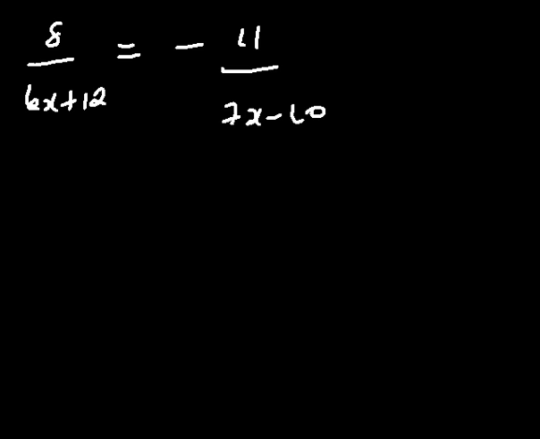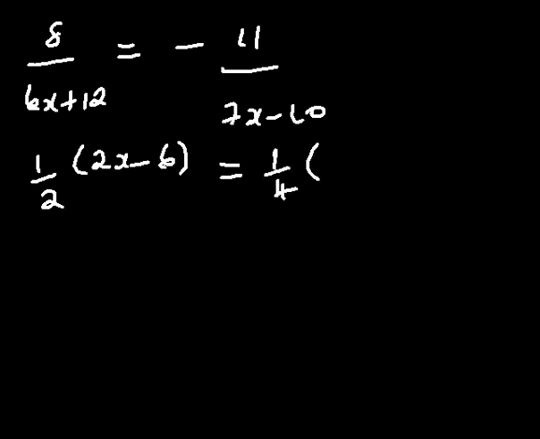And let's say we have 1 over 2 times 2x minus 6, which is equal to 1 over 4 times 8 minus 12x. So how should you solve for x there?